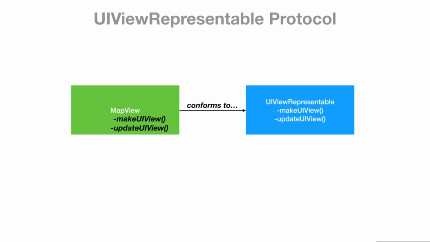What that means then is that the MapView must have those methods, or must implement those methods, to actually add code inside of the makeUIView and updateUIView. And that's where we are able to put the code that will create the view in the makeUIView and update anything inside of the view, so that we're able to embed that into SwiftUI.